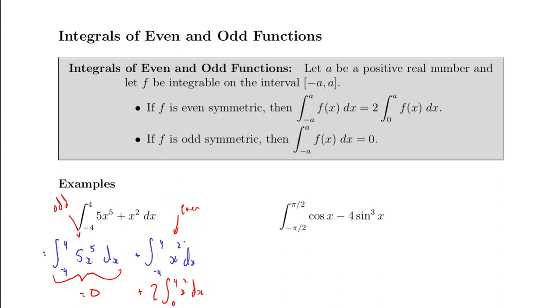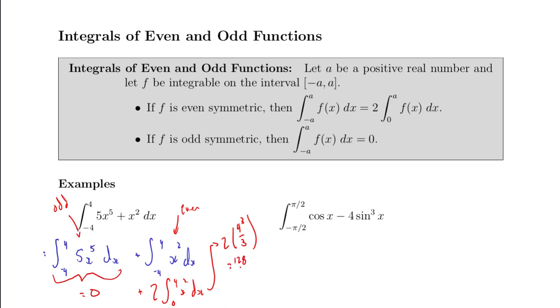Now the reason I might do that is because I can just do the rest of this in my head now. I know that the antiderivative of x squared is x cubed over 3. I know I'm going to evaluate that at 4 and 0. Evaluating it at 4 is 4 cubed over 3. I'll figure out what that is in a second. But notice, evaluating at 0 is super easy. It's just 0. So this ends up just being 2 times 4 cubed over 3, and we don't have to do anything more. 4 cubed is 64, so we're looking at 2 times 64 over 3.